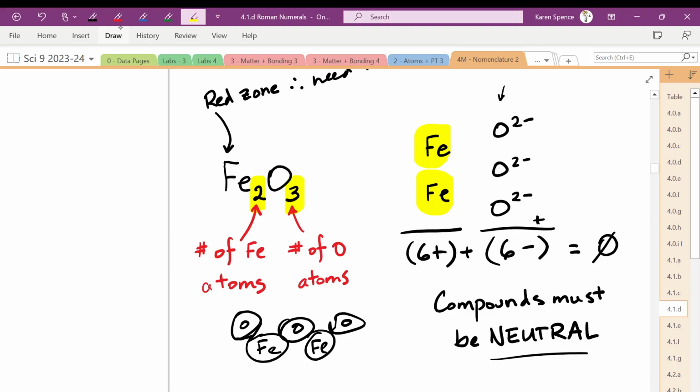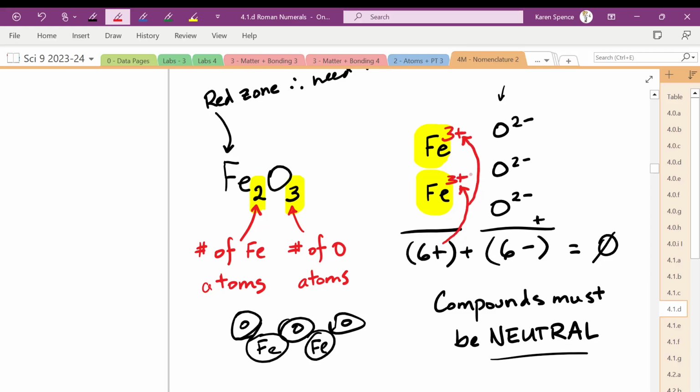So what we're going to do is take that 6 positive and distribute it onto the 2 irons. What was the charge of each iron atom in order to give us 6 plus total? 3. So we have 3 positive and 3 positive.